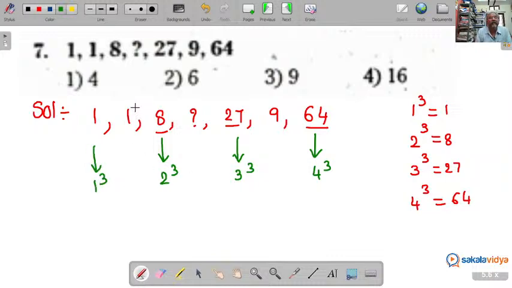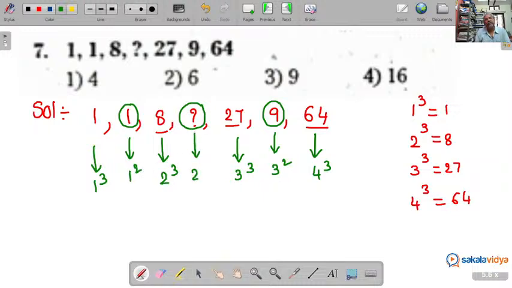But is there any pattern for this number and this number and this number? Let us try to figure it out, then you will get the answer. Suppose 3 cube is there, the 9 we can write as 3 square. Whenever 1 cube is there, to get 1 you can write 1 square. Already 2 cube, the question mark corresponds to 2 square.